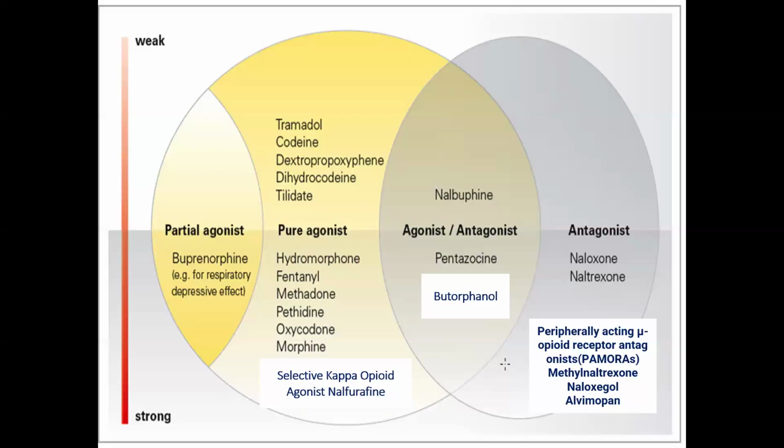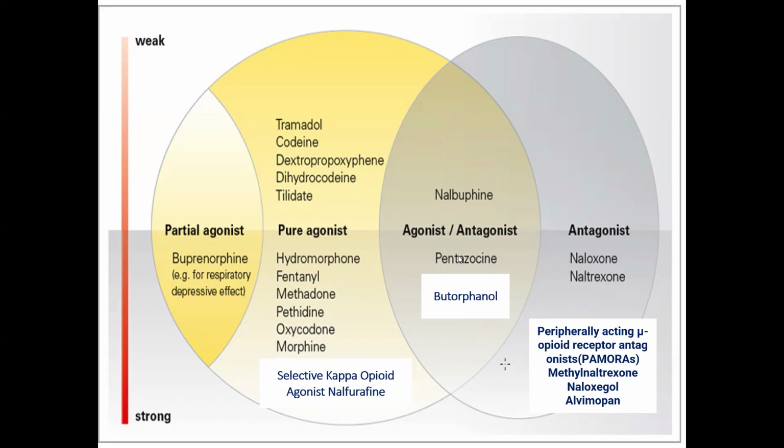Okay, and then you have the pure agonists, which all work on the mu receptors. From Japan, we have a selective kappa opioid agonist called nalfurafine, which is basically used for pruritus related to renal failure. That's the only pure kappa agonist.